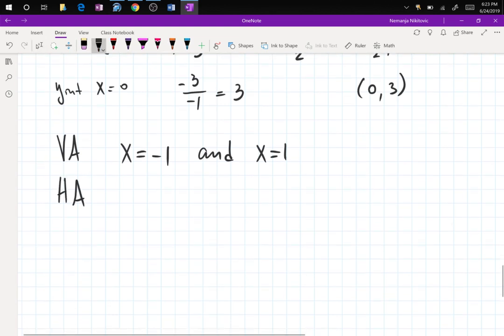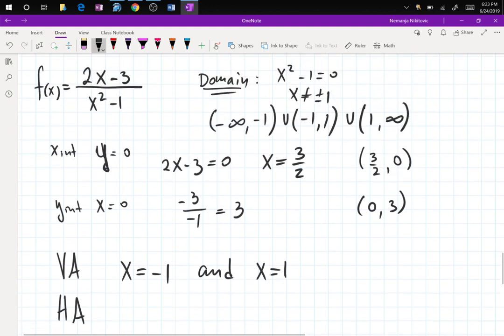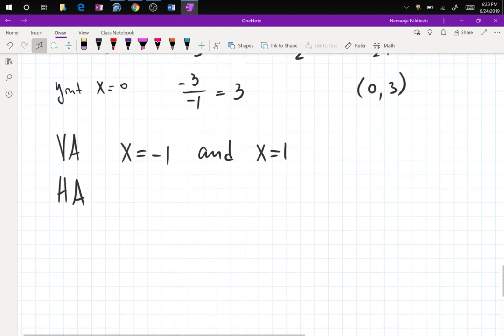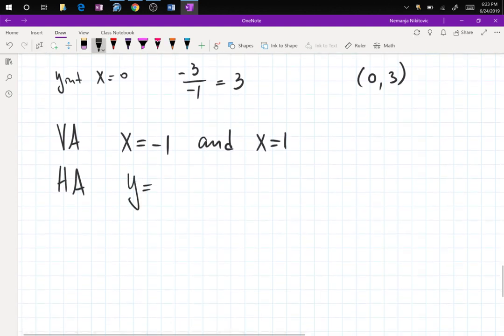For the horizontal asymptote, you can use the definition, which is the limit as x goes to infinity, or if you know the rules from your pre-calculus course, because these are polynomials, when the denominator has a higher exponent, the horizontal asymptote is at 0. So y equals 0 for the horizontal asymptote.